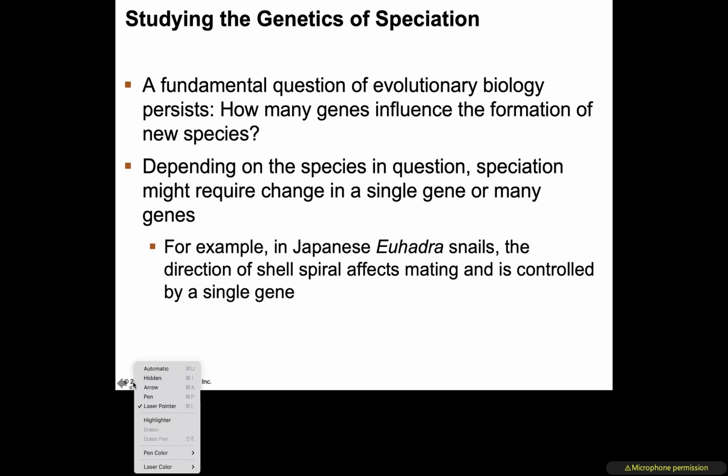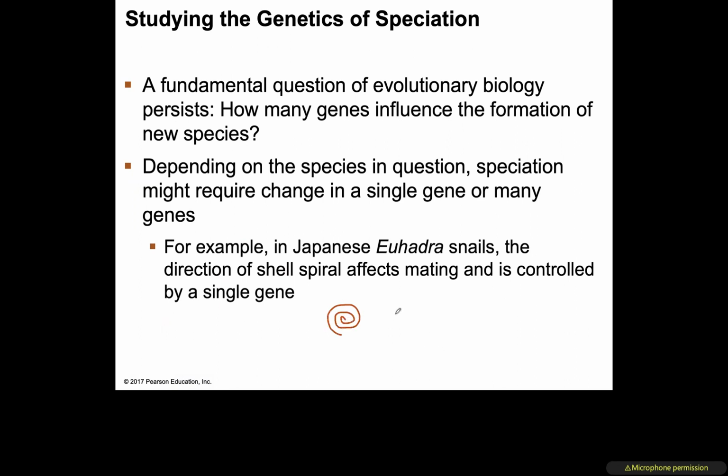If one snail's shell spirals in this direction, but a different snail's spirals in this direction, it doesn't seem like a big deal, but if it keeps their parts from meeting up, then it's a big deal.